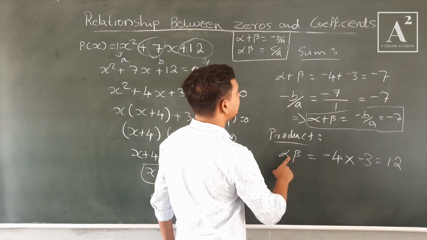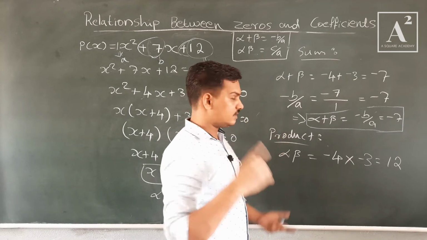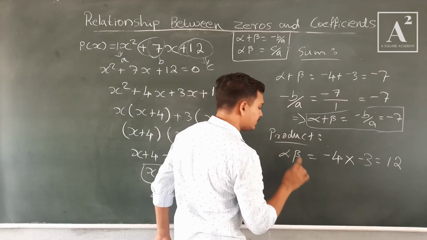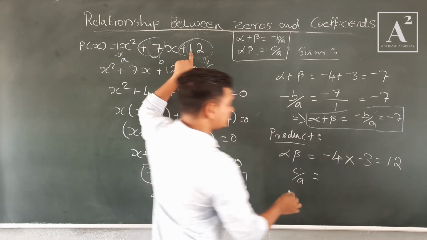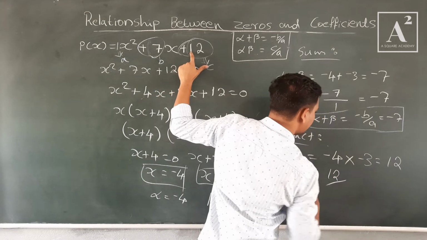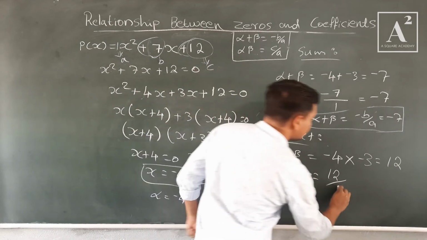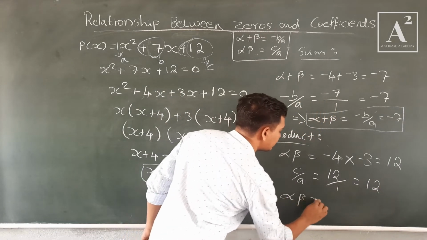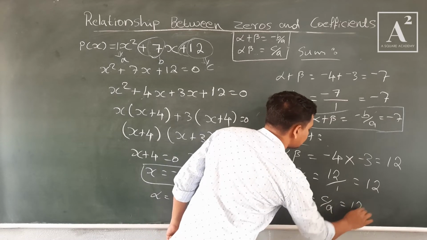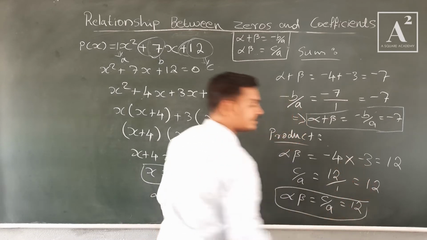Now that is equal to c by a, that we want to verify, right? So c by a, c is the constant term, that is 12, divided by a, that is 1, so that is equal to 12. So alpha beta is equal to c by a, that is equal to 12 in this case, so we could verify.